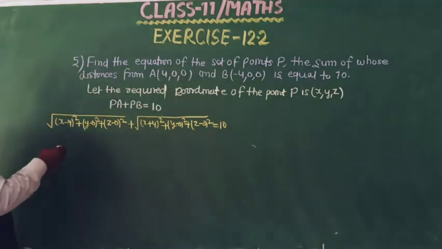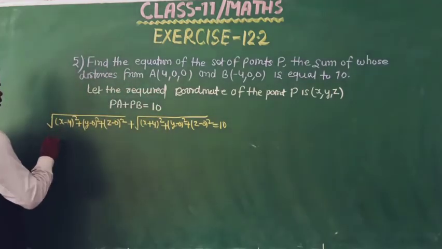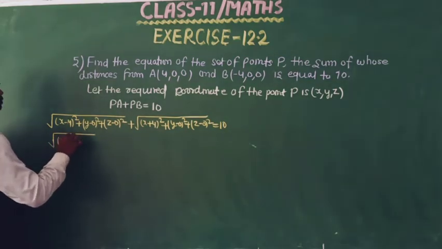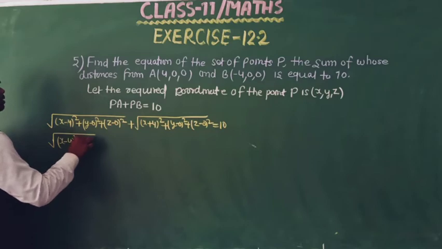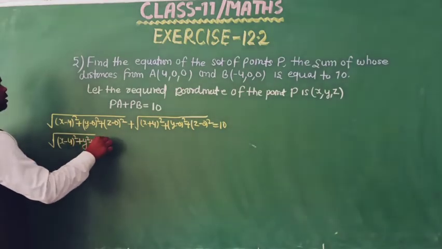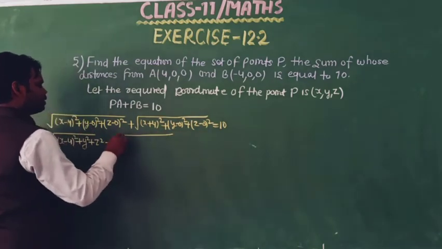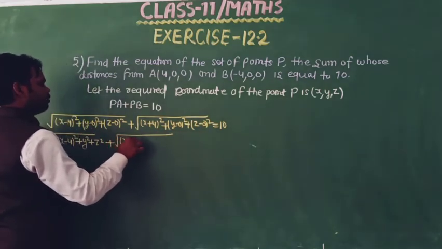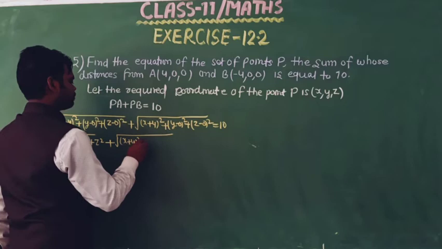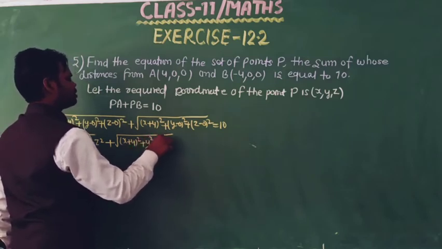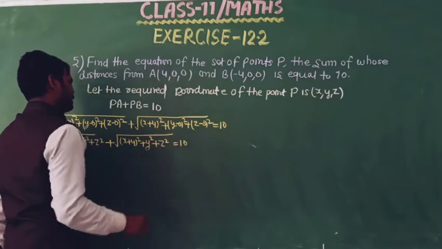Okay, so this is x minus 4 whole square plus y square plus z square, and this is x plus 4 whole square plus y square plus z square, equal to 10.